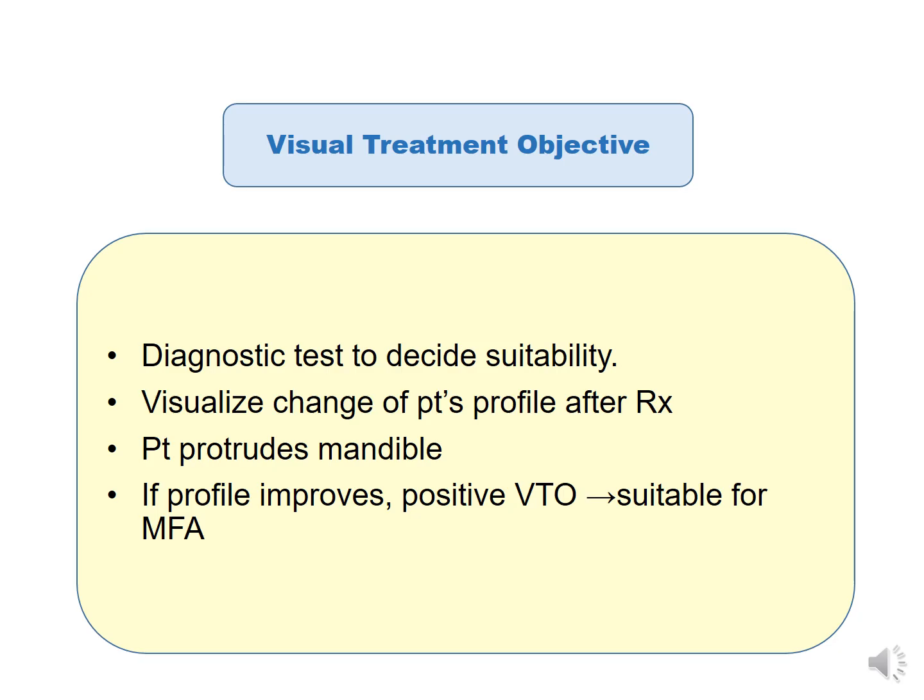The patient is asked to protrude the mandible into an edge-to-edge incisor relationship, and after doing this, if the profile improves, it means the VTO is positive and the patient is suitable for treatment with myofunctional appliances.